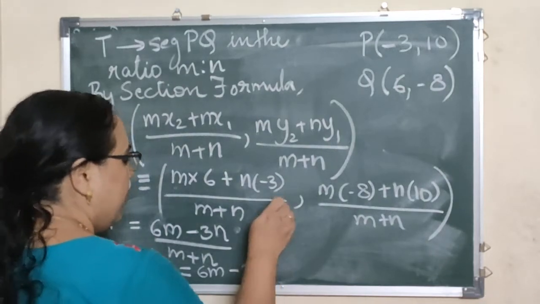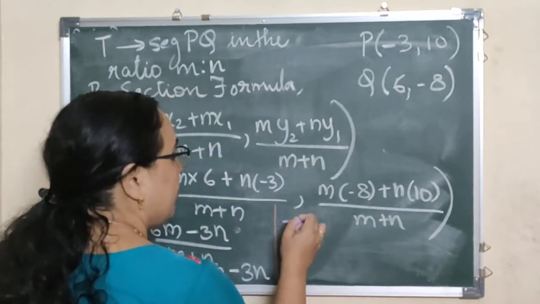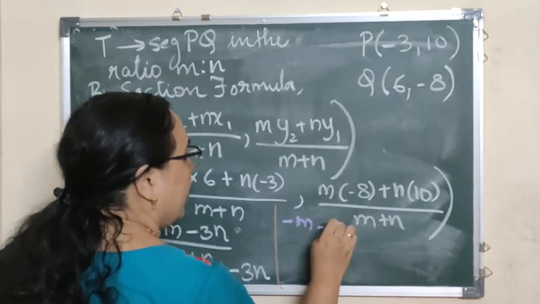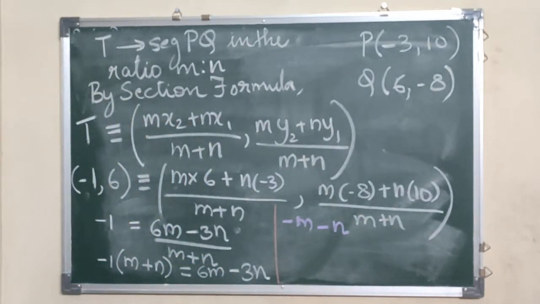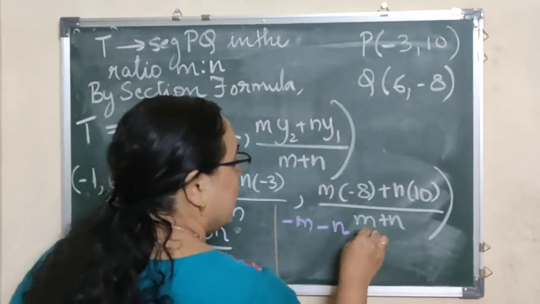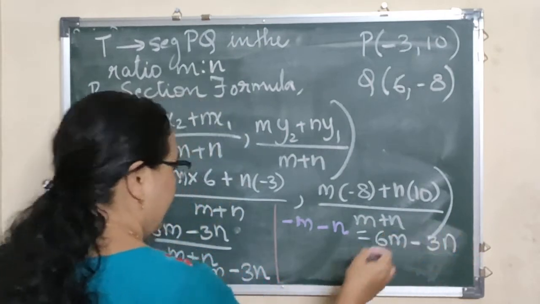Okay. Further. Yes. We open the bracket. So the minus sign goes inside the bracket with each variable there, giving us minus m minus n. Is this very clear? Equal to 6m minus 3n. Right?